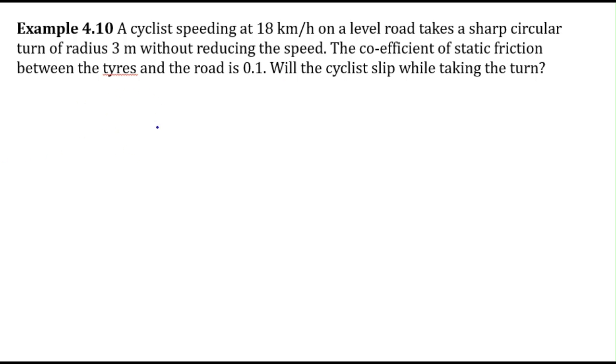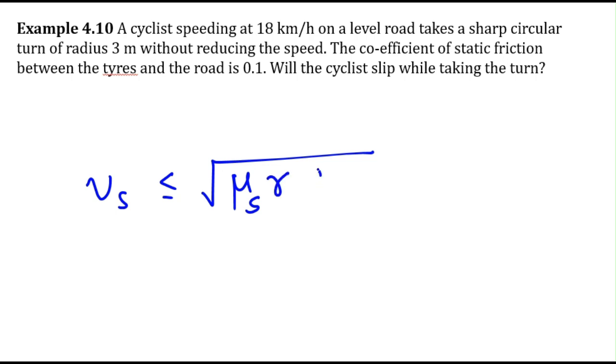On a flat circular track, the maximum permissible speed, we already discussed, should be v max equals square root of mu s, that is the coefficient of static friction, times the radius of the track, times the acceleration due to gravity.